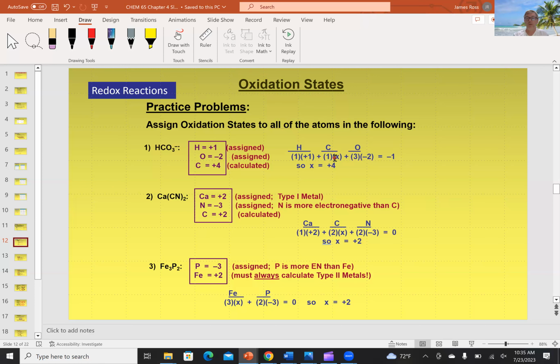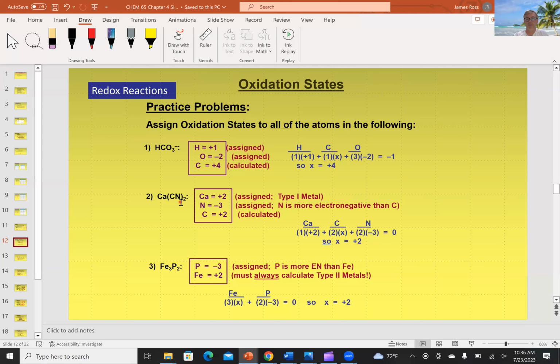We have 1 carbon, and carbon here we've called X. It can vary. Hydrogen is typically always +1, so we'll assign +1 to hydrogen, and we have 1 of them. So we have a little puzzle where we have to solve for X. Applying some algebra, X equals +4. So now we know the oxidation state of each element in the bicarbonate ion is +1 for hydrogen, -2 for oxygen, +4 for carbon.